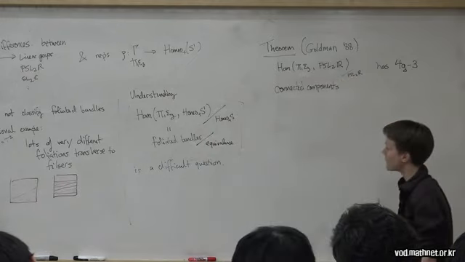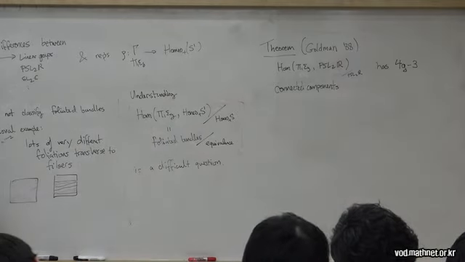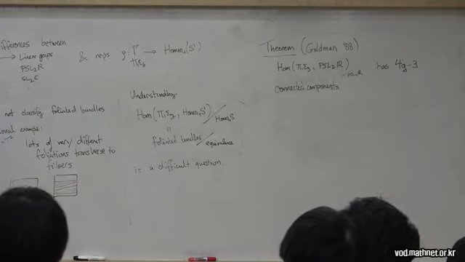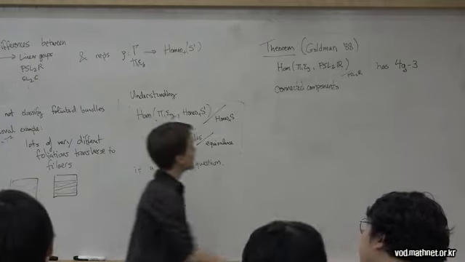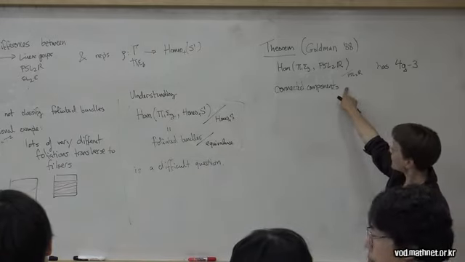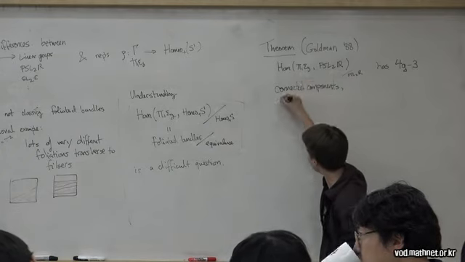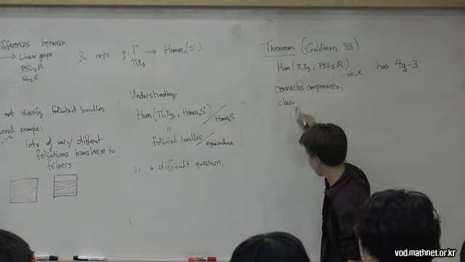Okay, and how did I get 4G minus 3? That's all the possible numbers that satisfy this bound. Right? That's the number of integers you've got between plus and minus 2G minus 2. Okay? So you have exactly one for each Euler number. So these are classified, or what should I say?